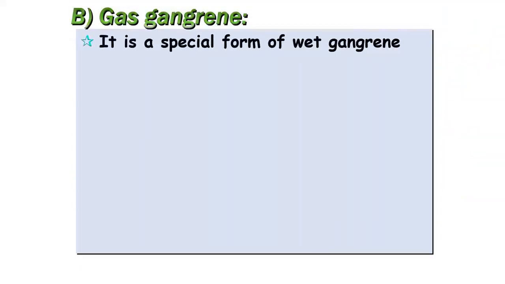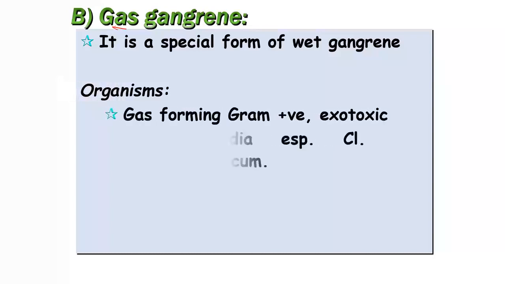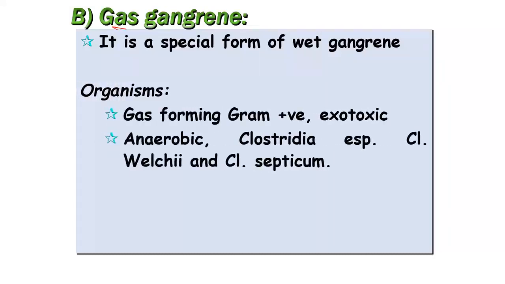Lastly, one very bad special form of wet gangrene is called gas gangrene. And with gas, you mean there is production of gas inside the wet gangrene. You have a lot of bubbles. The organisms responsible for gas gangrene are gas-forming gram-positive exotoxic anaerobic bacteria such as Clostridium welchii and Clostridium septicum.